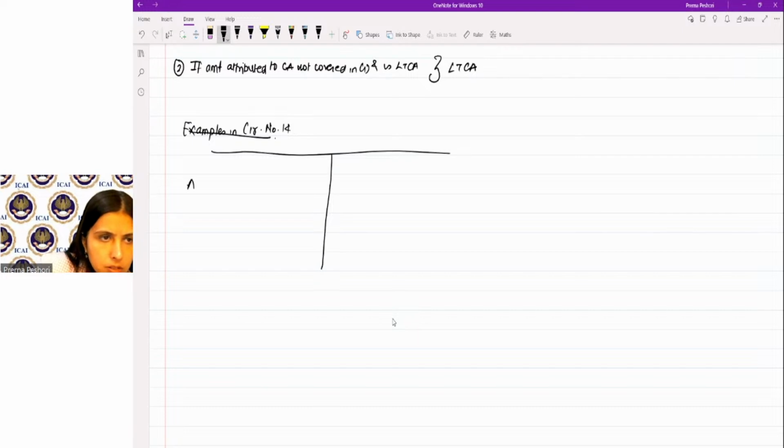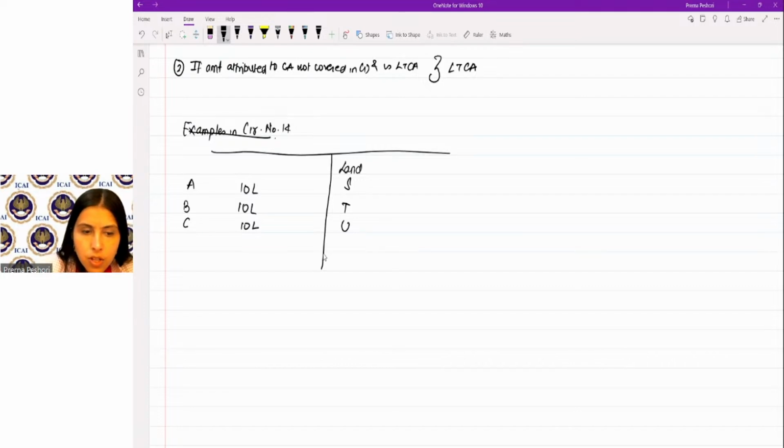there are 3 partners, A, B, C, having the capital of 10 lakhs each, and having 1/3 share. Now each partner has a capital of 10 lakh and there are 3 pieces of land, S, T, U. The book value of S, T, U is 10 lakh each.